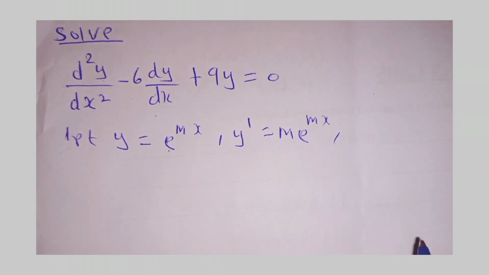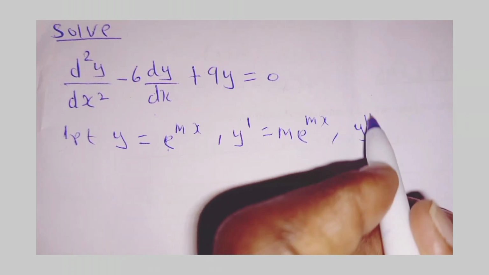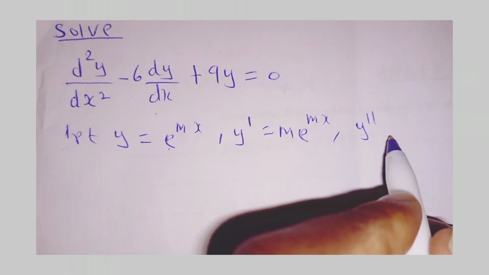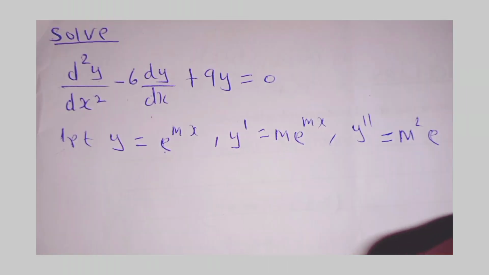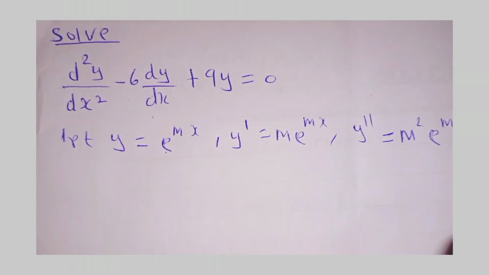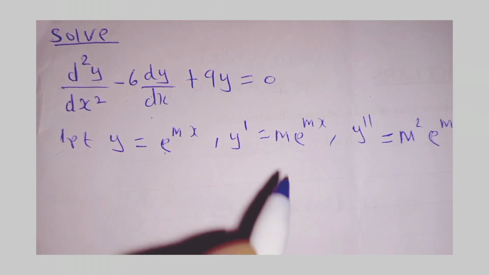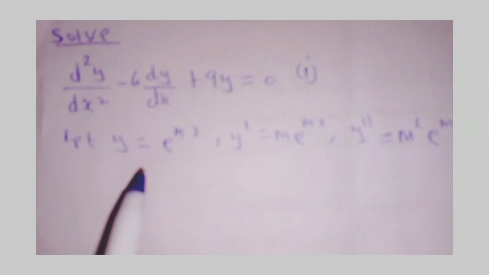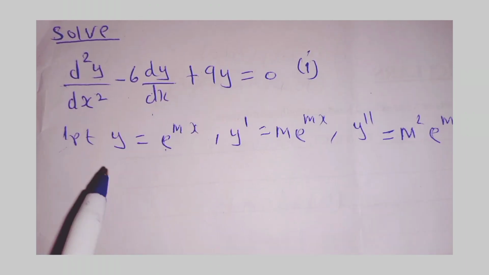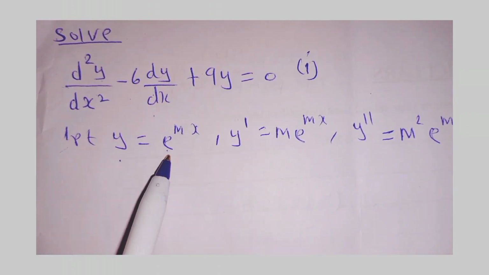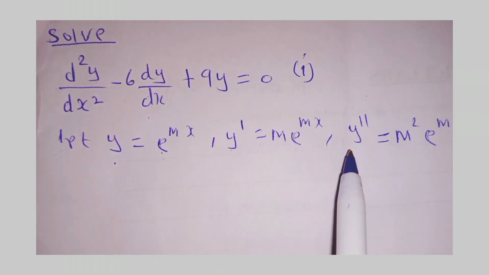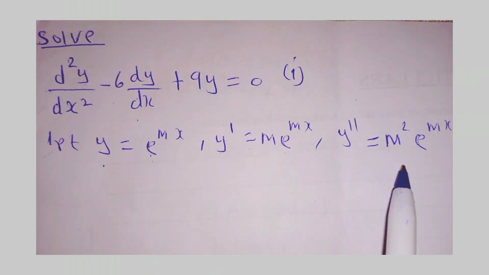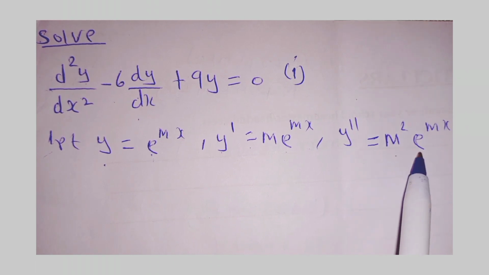Then you also differentiate y prime again to get m squared exponential mx. You can call this 2, and this other equation here, we call it 1. So equation 2 consists of y is equal to exponential mx, y prime is equal to m exponential mx, and y double prime, which is equal to m squared exponential mx.